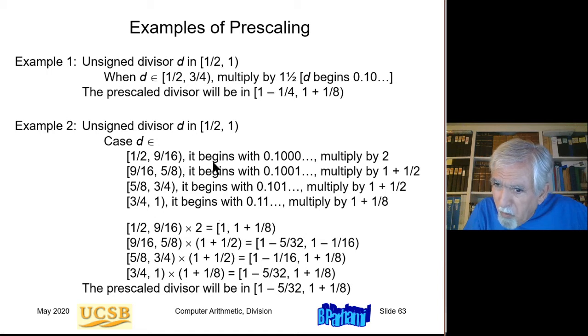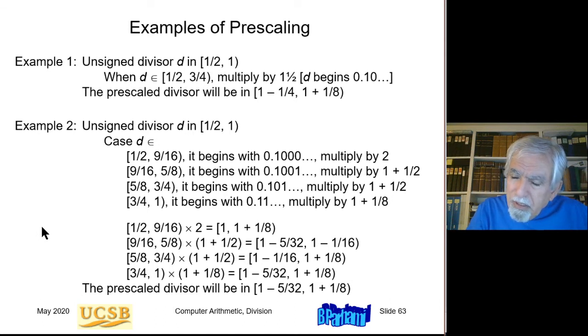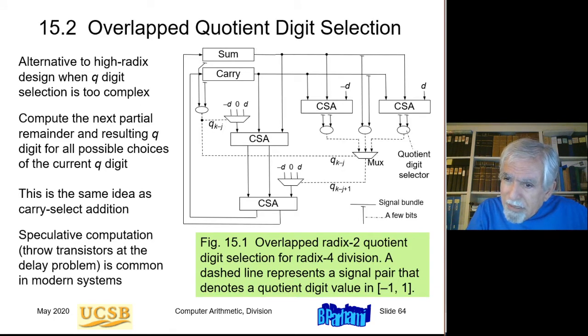And determining which of these needs to be done requires a simple logic circuit that looks at the high order bits of D and decides whether it starts with this pattern or this pattern, and therefore we know which scale factor to use. So this is an interesting idea to reduce the complexity of quotient digit selection and therefore make each cycle faster, although it adds a couple of cycles for scaling at the beginning.